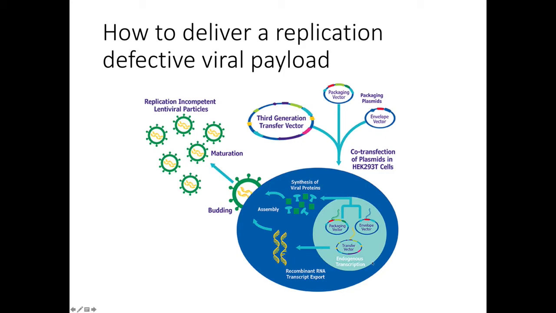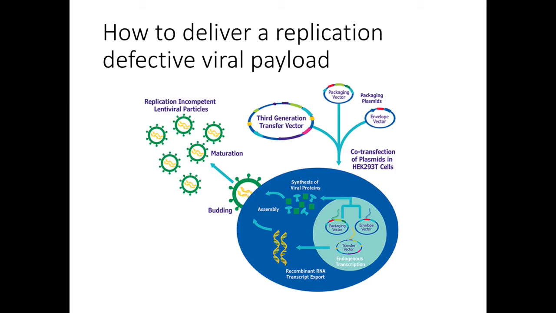But altogether, this doesn't produce an infectious particle, because it generates viruses that have the DNA payload that you want, but none of the material that would make the viral particle infectious. So you load up these particles with your gene, and inside that DNA sequence there's nothing infectious.